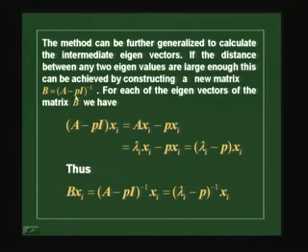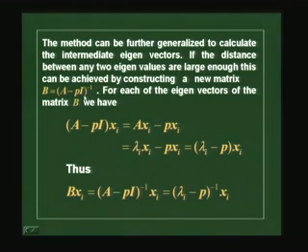So if I have an idea about what the eigenvalues are, I can take a number p close to one of those eigenvalues and construct this new matrix B, which is (A minus pI) inverse.